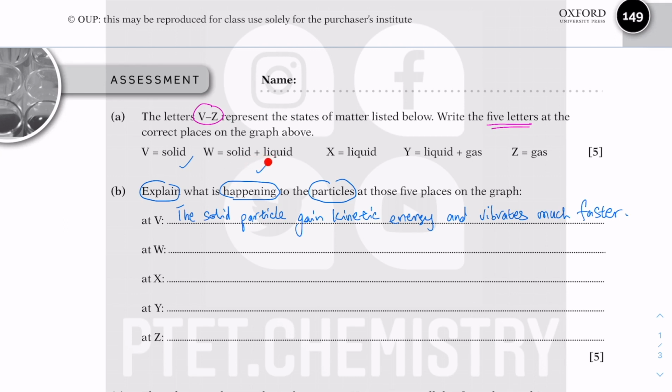At this stage, when you have both solid and liquid at W, melting is occurring. Because melting is in process, it is occurring at that moment.